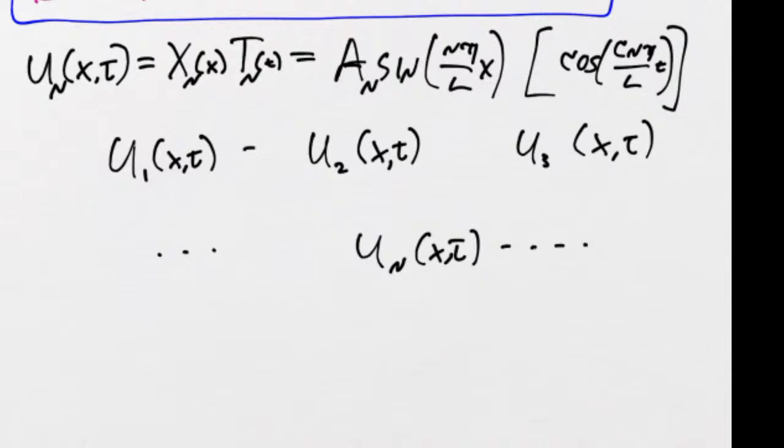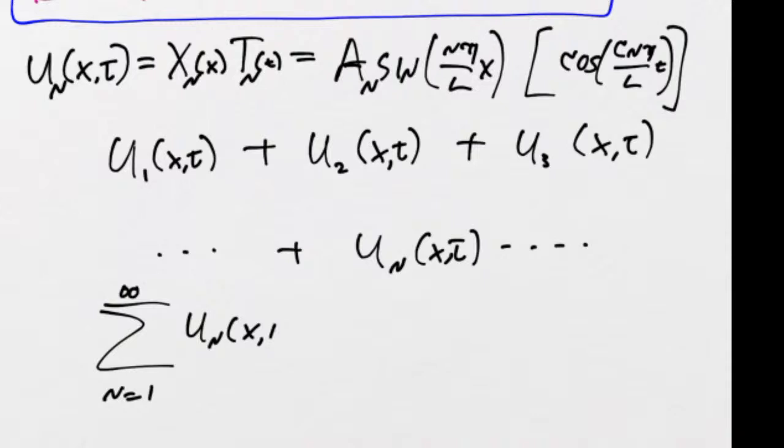If you add up all of these together, that sum will always be a solution of the wave equation, always. So the way we can write this down is the sum from n equals 1 to infinity of un of x and t. That is what our function actually must look like. Our function must be this infinite sum.